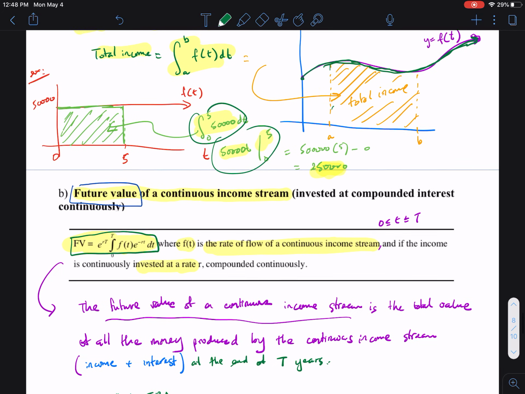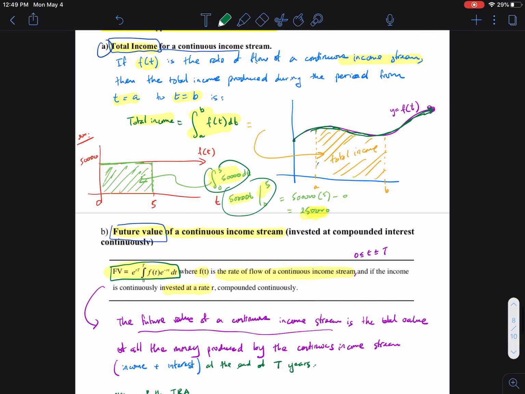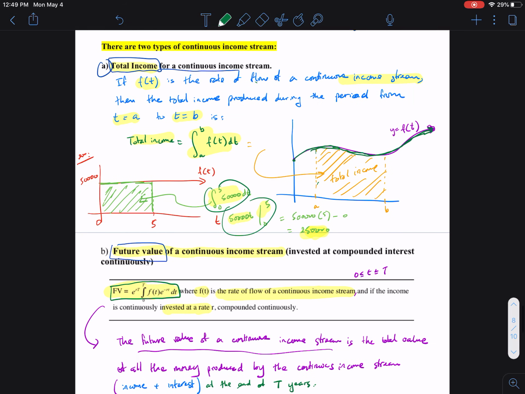So the difference from the total income of a continuous income stream is in this case here. With total income, we don't invest the income stream. The amount of money coming in, we don't invest, we just let it sit there.